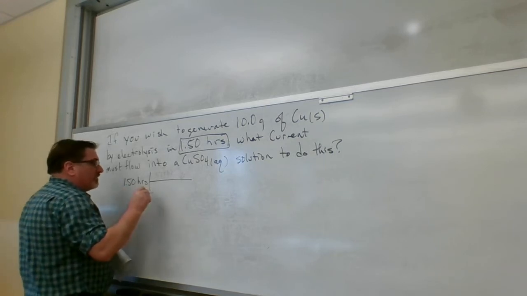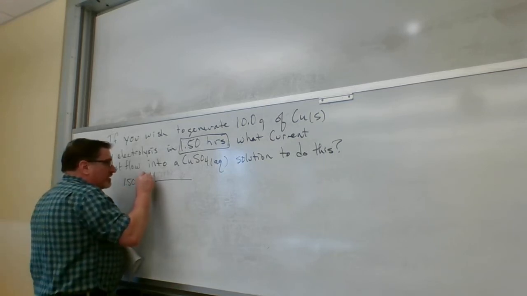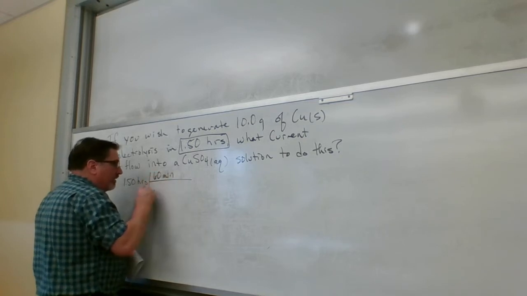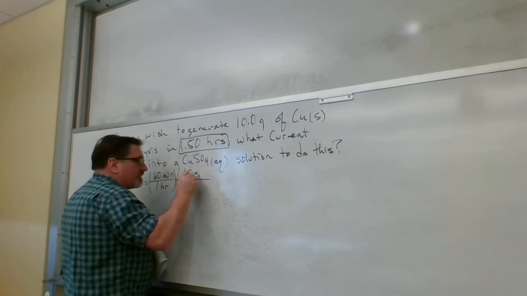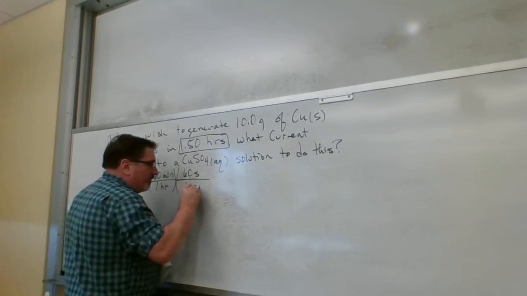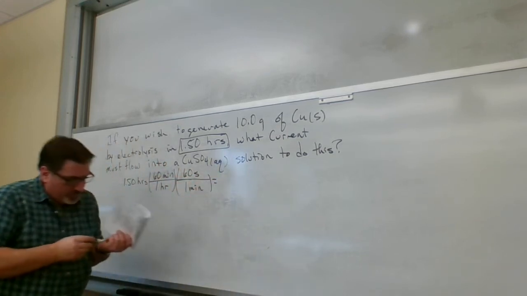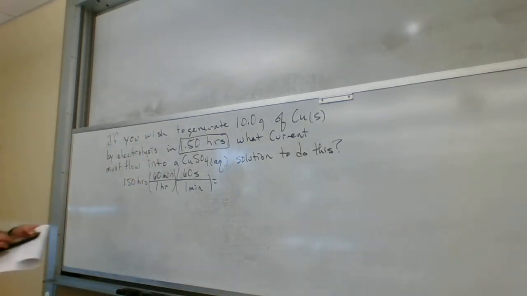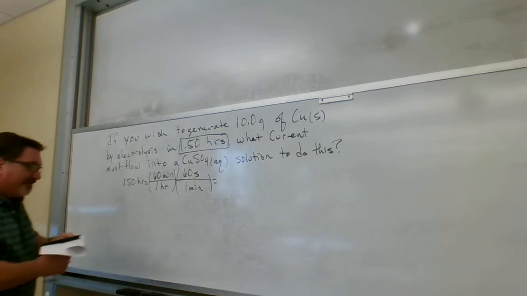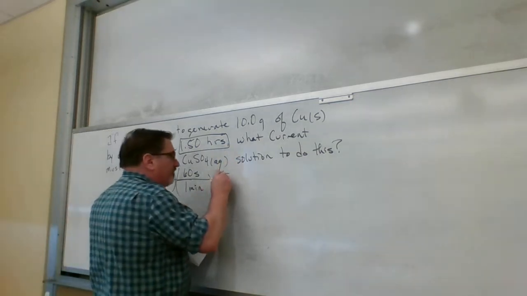1.50 hours. There are 60 minutes in 1 hour, and 60 seconds in 1 minute. So we're going to get a number for this. 1.5 times 60 times 60 is 5,400 seconds.